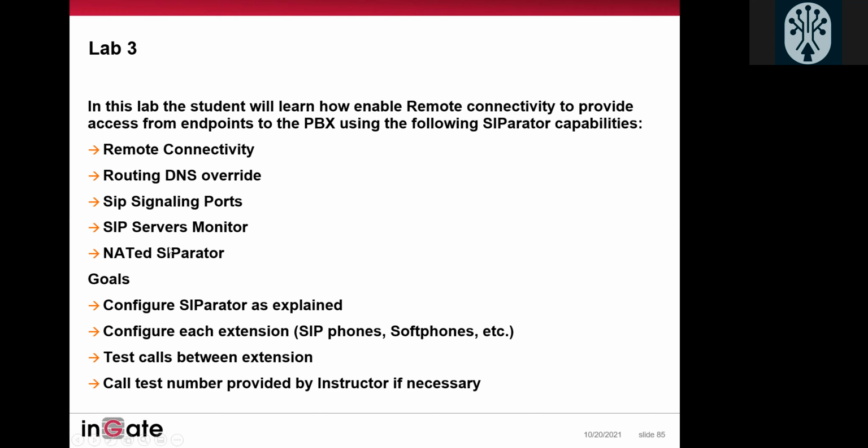Those are the things that we will need to configure. The final goal is to configure the SIParator, as explained before, and configure extensions. You are going to install and configure your phones, and you're going to be able to test calls between extensions. I'm going to provide you some testing numbers.